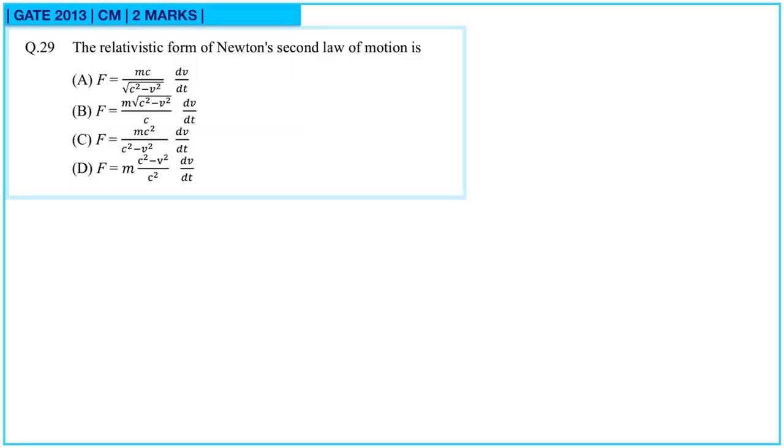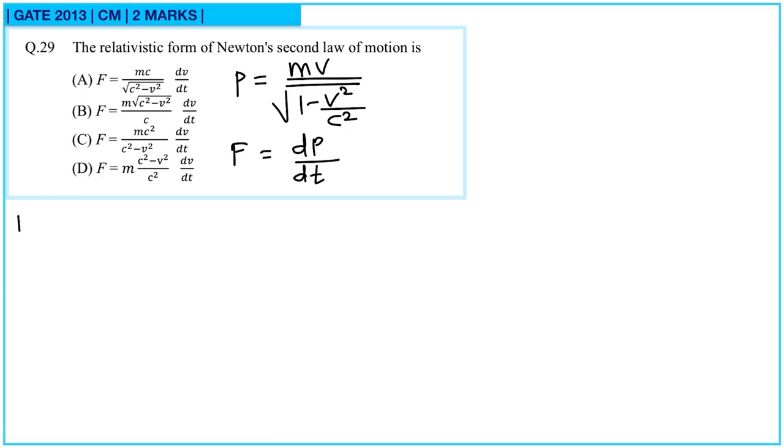The relativistic form of Newton's second law of motion is? Now we know p is equal to mv upon under root 1 minus v square by c square, and F is equal to dp by dt. So F is equal to m into, we have v here, so we have dv by dt upon under root 1 minus v square by c square.